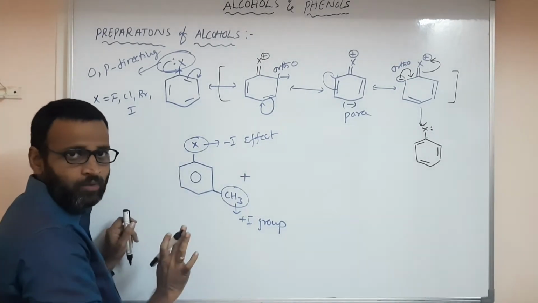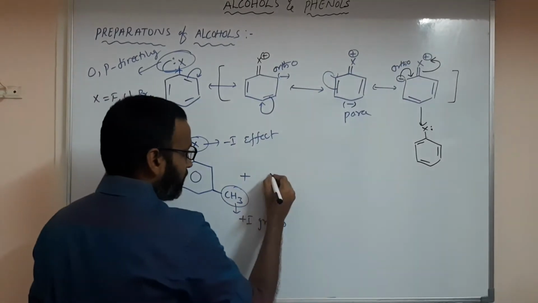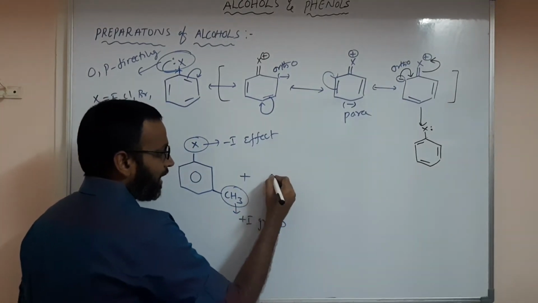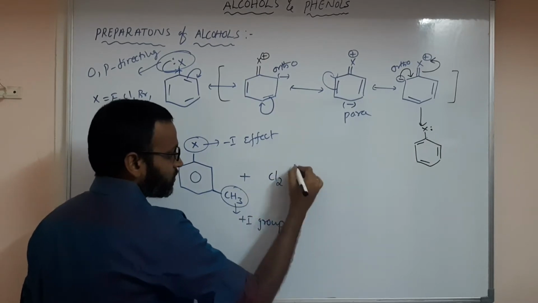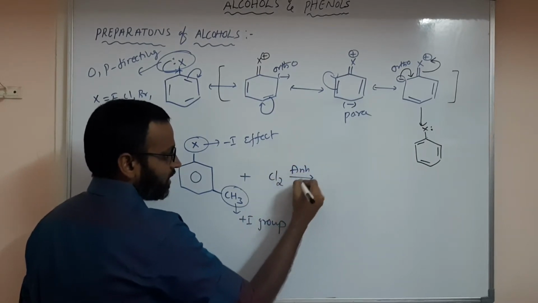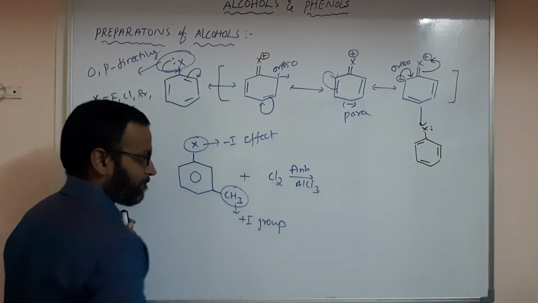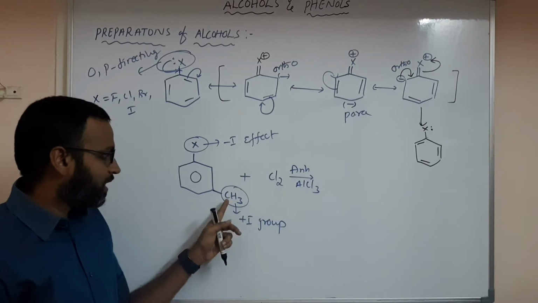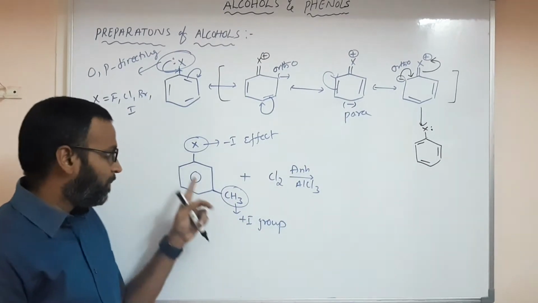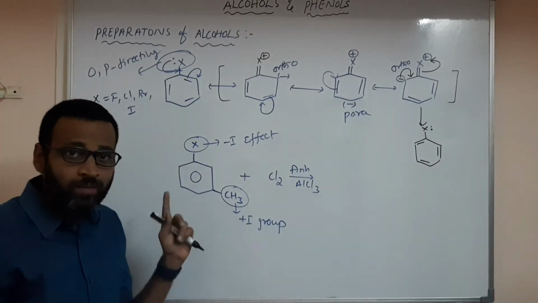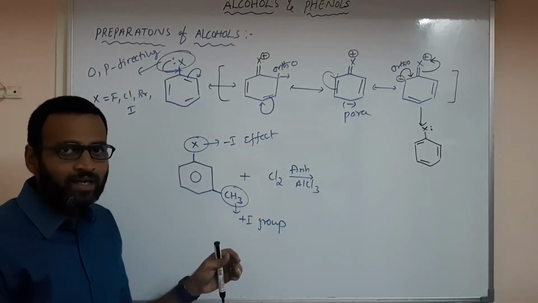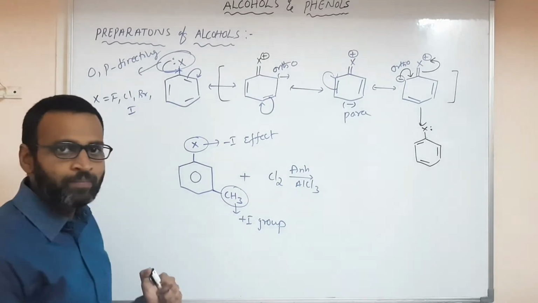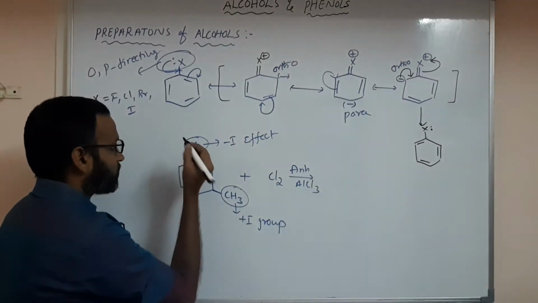Understanding? But if I am doing another reaction, like adding one more chlorine in the presence of anhydrous AlCl3, I told you many times this X is a minus I group and these alkyl groups are plus I groups, but on benzene both act as ortho para directing groups. Both are plus M groups, remember this, because of the presence of lone pair.